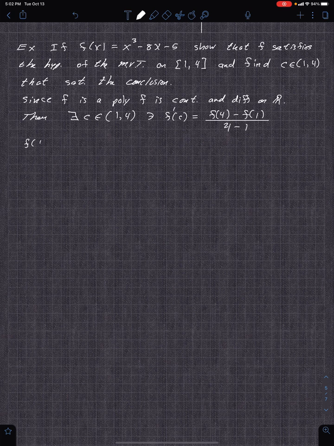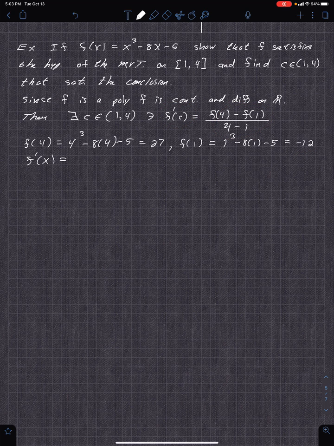So let's calculate f of 4. f of 4 is 4 cubed minus 8 times 4 minus 5. And you can trust me, it's 27, or actually don't calculate it. f of 1 is 1 cubed minus 8 times 1 minus 5. Also calculate, it is negative 12. So f prime of x, right, it says the derivative equals that ratio.